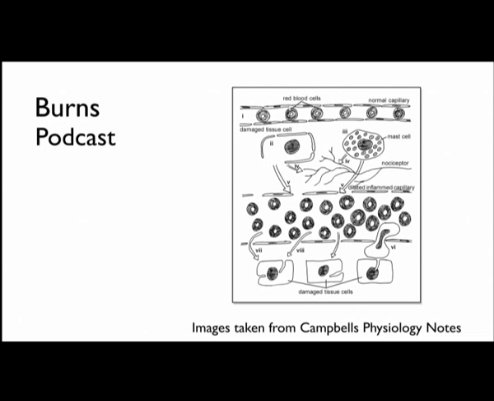And of course tissues are largely made up of proteins. And when you heat a protein, it will denature and coagulate. So what you get in a burn is coagulation necrosis. There will be coagulation of the proteins, and that will kill the tissues.